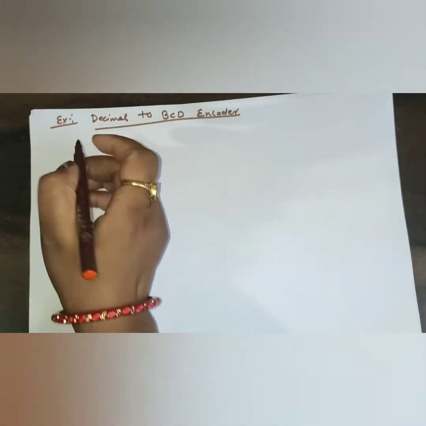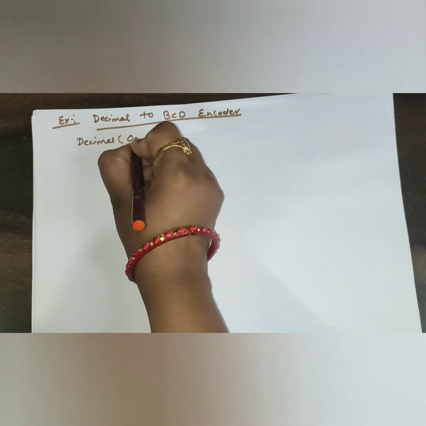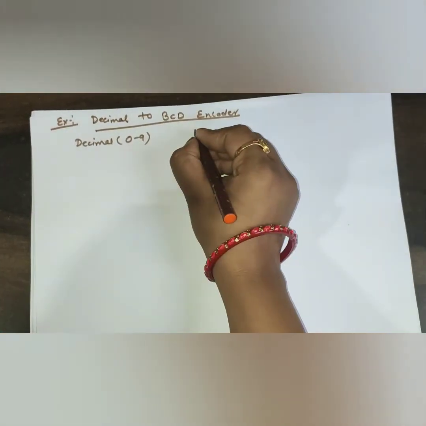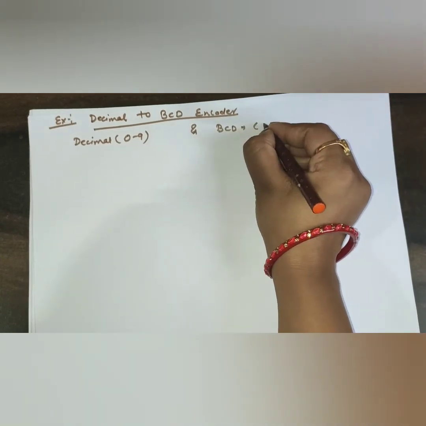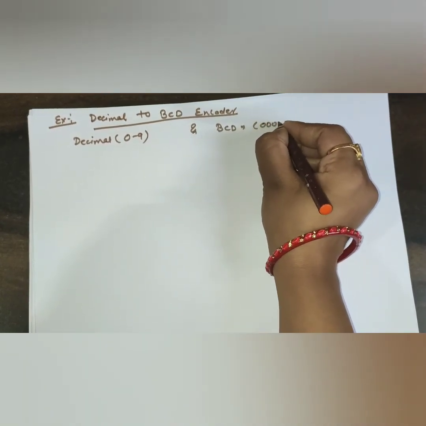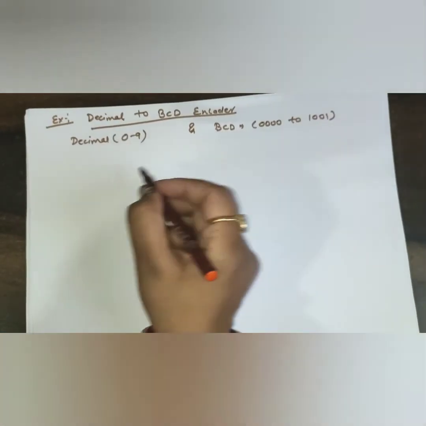Okay, decimal to BCD encoder. So here decimal number is from 0 to 9 and BCD is also from 0 to 9, but binary, that will be 0000 to 1001. So we should make decimal to BCD encoder.